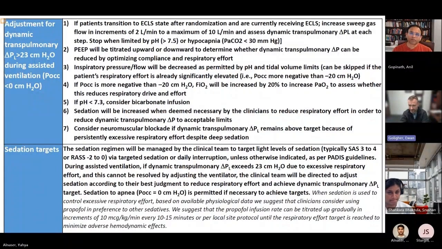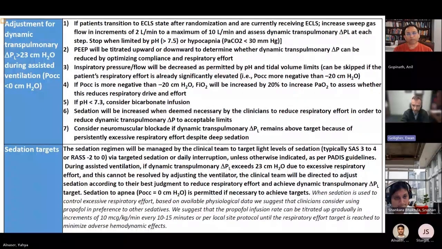You'll just see the patient's respiratory effort come down. So that's something to consider. Secondly, you can titrate the PEEP up or down to try to optimize compliance, because what we found in a previous trial is that if optimizing PEEP improves compliance, it'll often also improve respiratory effort.